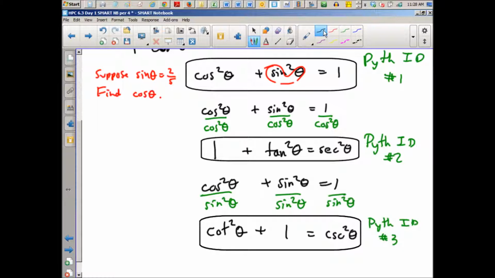It'll be like this. Cosine squared theta, which I don't know yet, plus 4/25 equals 1. I just plugged in 2/5 where it says sine squared. And then that means that cosine squared, if you subtract the 4/25 over, is 25/25. Or sorry, 21/25. And then I can square root both sides, and I learned there's actually 2 answers to this question.